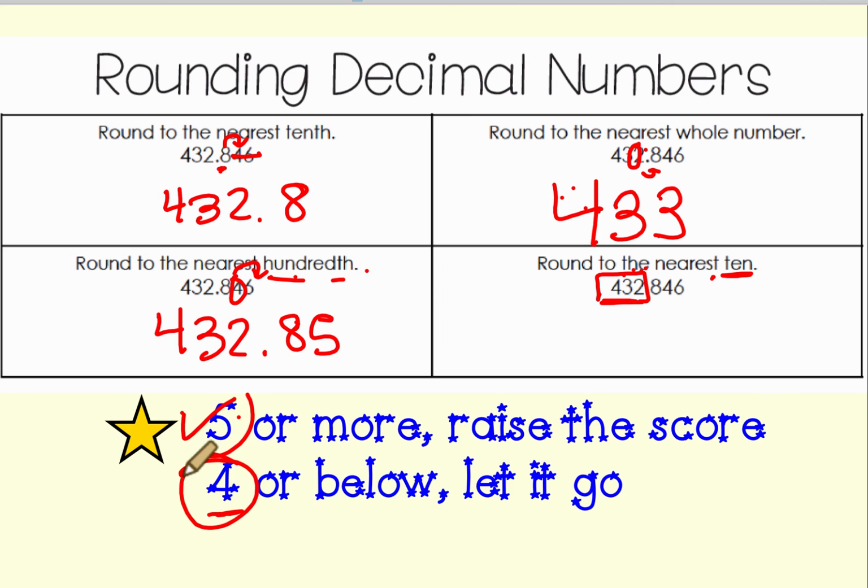So the 2 is going to drop to 0 and gives me 430. It's not wrong to change everything else to a 0, but it's just not necessary, so we don't. So that was a really quick review of decimal place values and rounding.